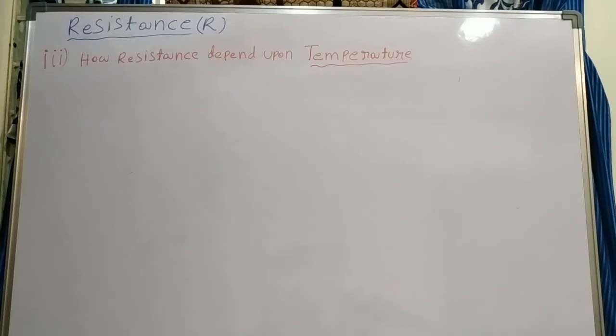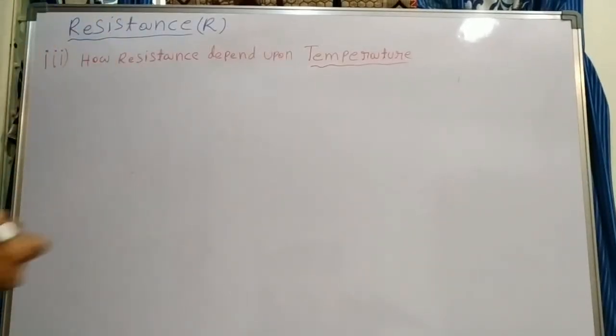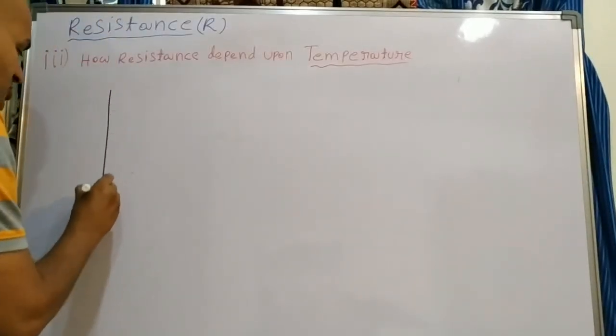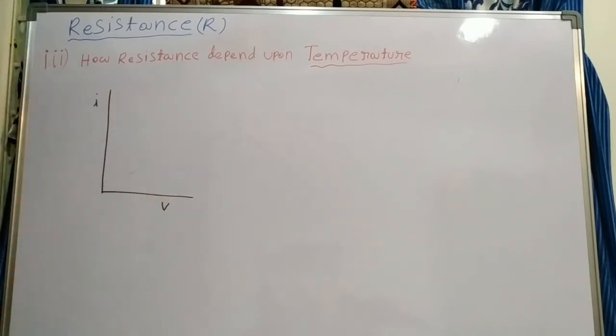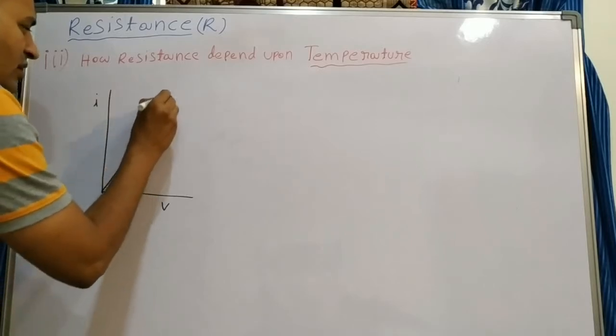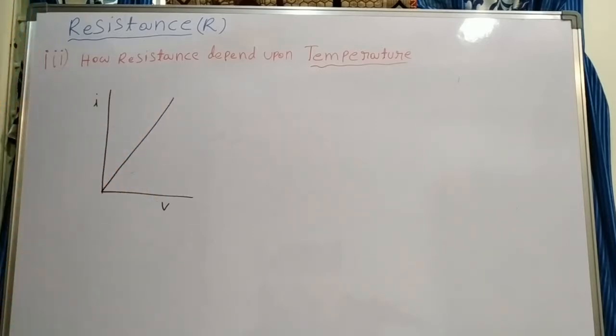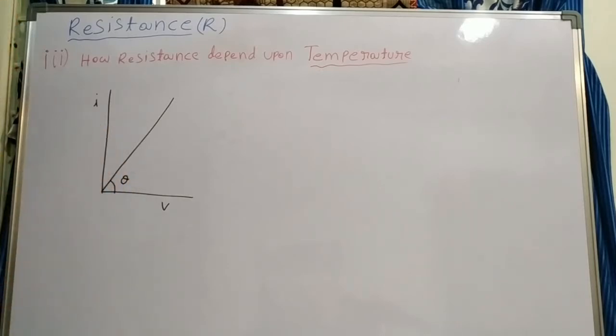Now see some applications of how resistance depends upon temperature. Suppose you draw a graph between current versus potential, the IV characteristics of an ohmic conductor. Ohmic conductor means, you know, the graph will be a straight line passing through the origin, and this is the angle theta.